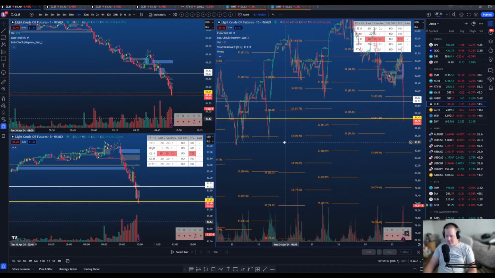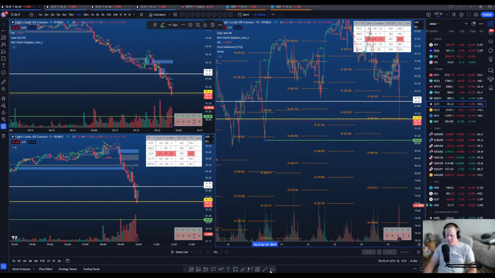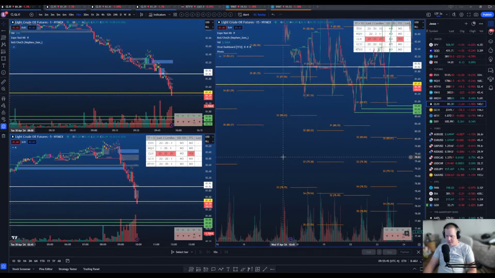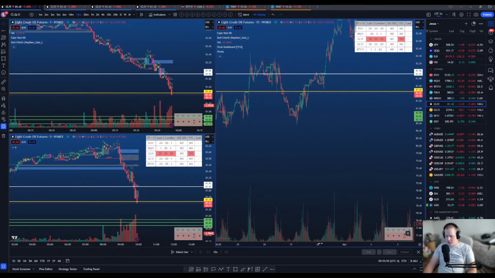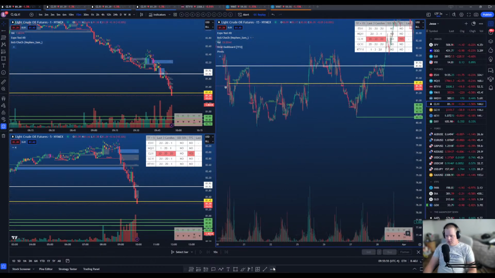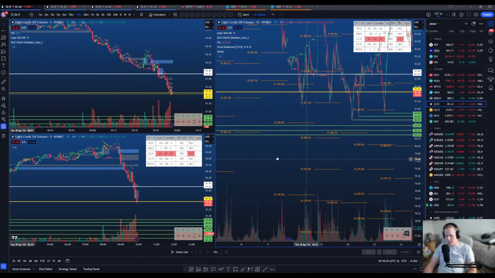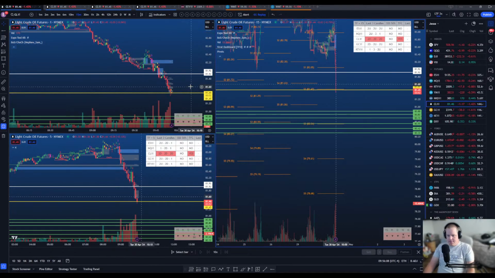This is where we look left. Look left, draw lines. These are our pit stops here. Certainly there is some downside.